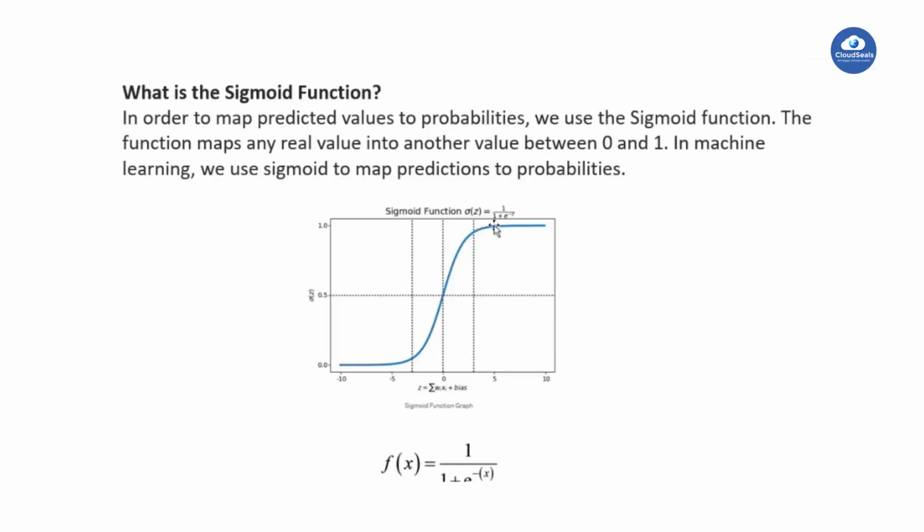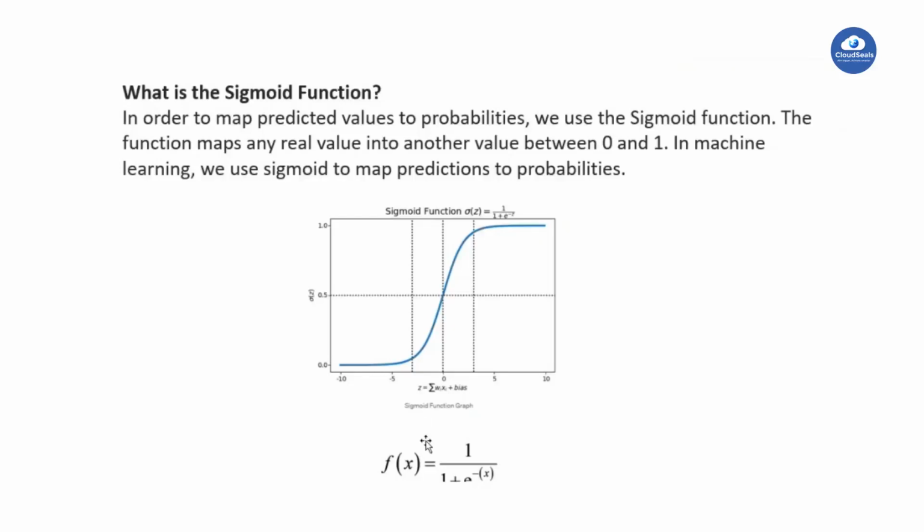For example, the sigmoid function f(x) equals 1 divided by 1 plus e to the power minus x. Previously, f(x), that means y, equals beta naught plus beta 1 x1 plus error. That is the equation for linear regression.